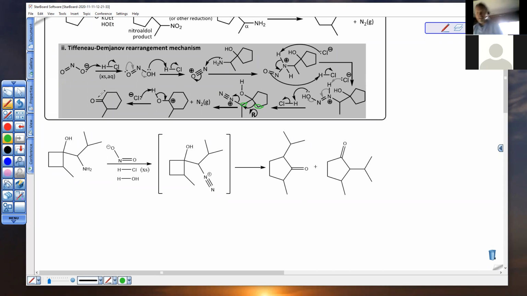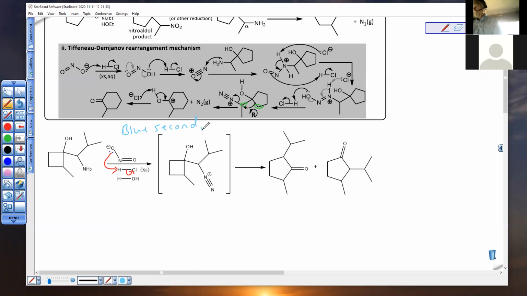So let's finish this segment by doing the whole mechanism from the very beginning. So we got to start with this part. And how does it go? We take our lone pair on our nitrite ion and protonate it. And blue second, because I think I can combine things here.